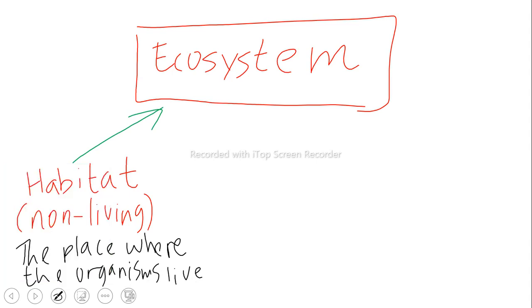And then we have the community. Living or non-living? Living. But are we really living though if we're made up of the same things as the non-living? We are living. Most definitely we are. Non-living things cannot reproduce, they cannot excrete, they cannot respire, they cannot take in energy.